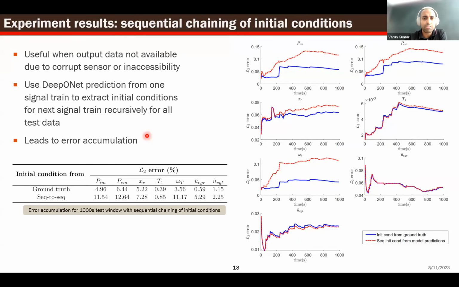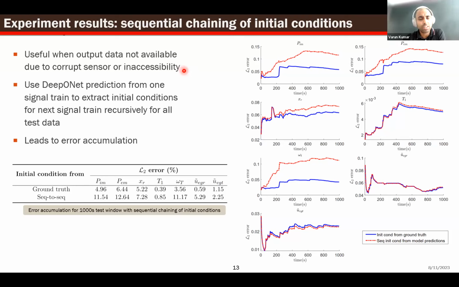The next thing we wanted to test was, because initially we used the output values as initial conditions, whether we can use the prediction of the DeepNet as the initial condition for the next set of predictions.